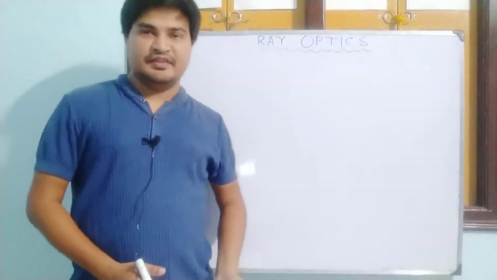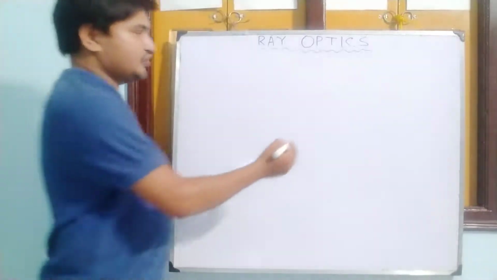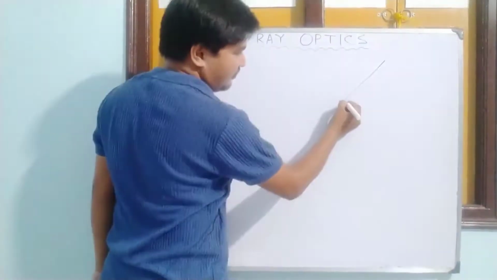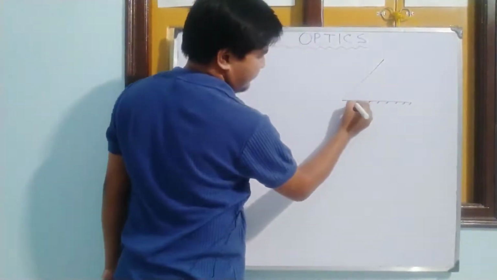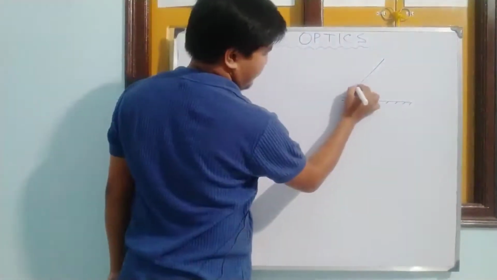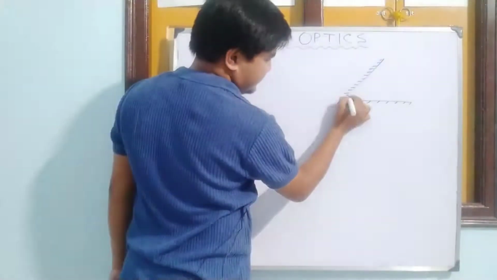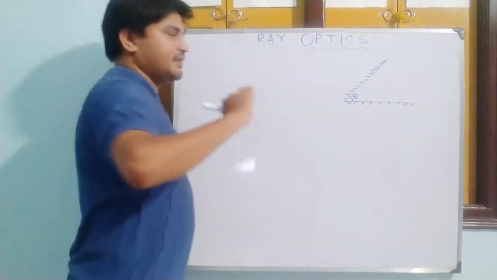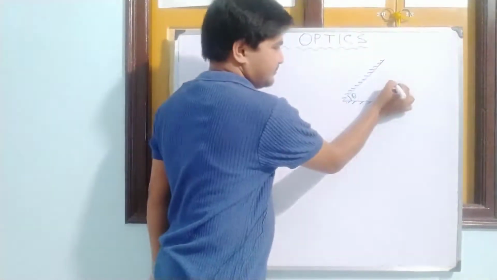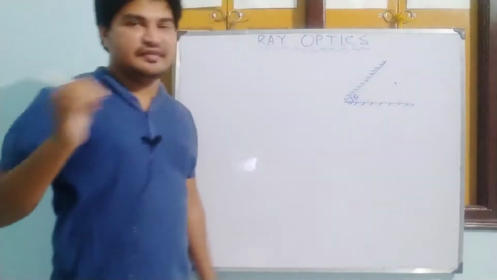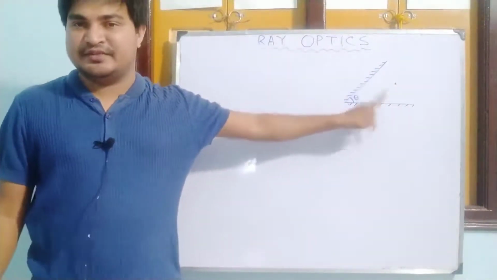So next, the number of images formed by the combination of mirrors. If we consider two mirrors kept at an angle of theta, then if an object is placed here, what will be the total number of images formed by these two mirrors?